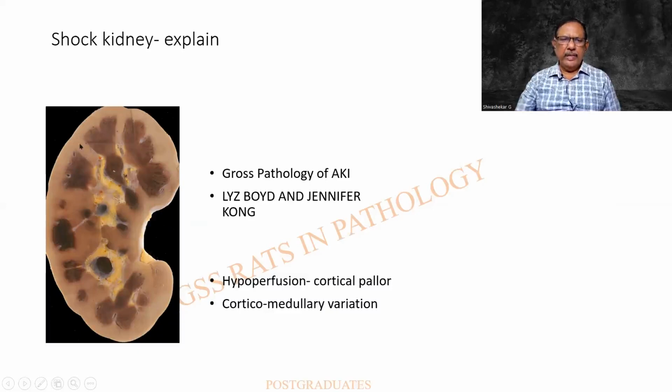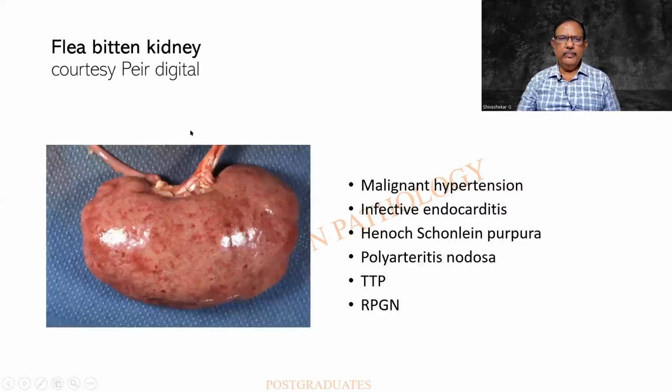Also, this pallor is extending into the interpyramidal regions, whereas the pyramids and the medulla are being well preserved and show a different contrast when compared with the cortex. This is typical of the shock kidney, which is due to the hypoperfusion. This by itself is a question for us. There are too many conditions leading to acute tubular necrosis. We can read up. Thanks to the reference.